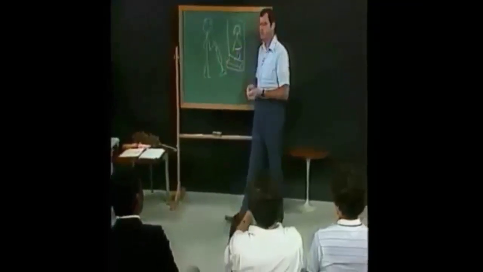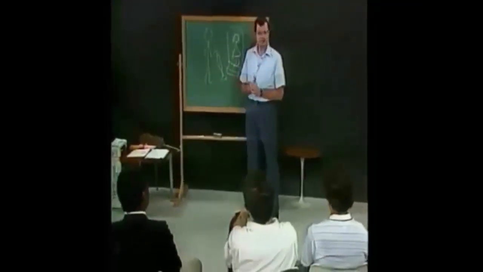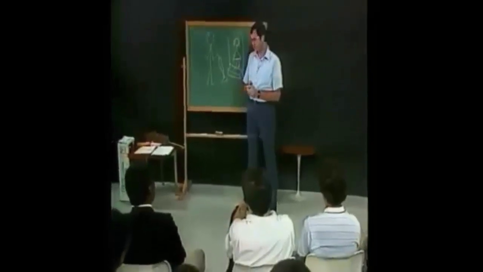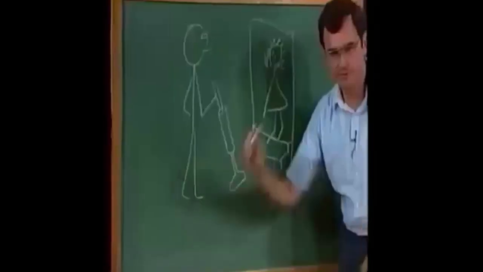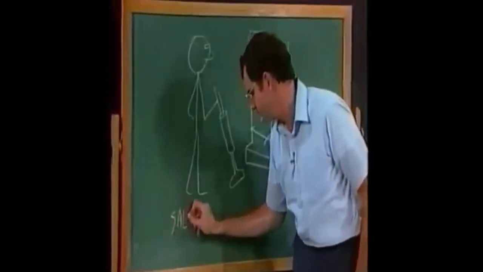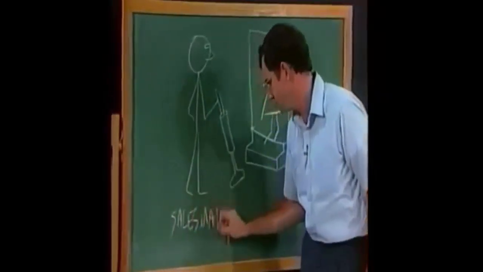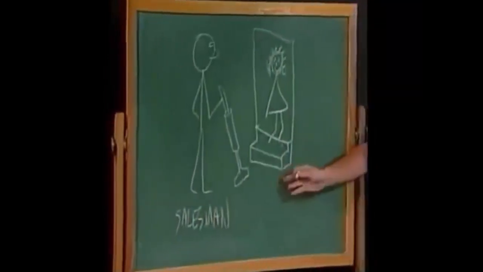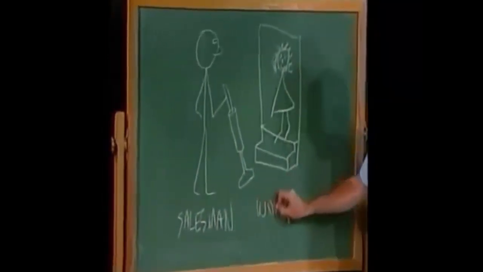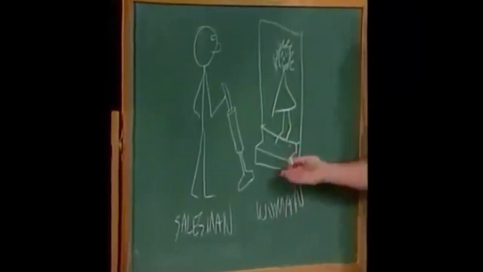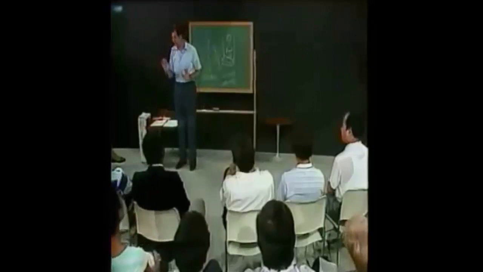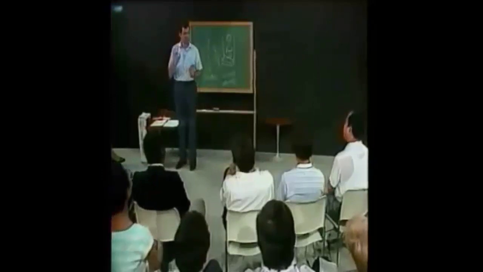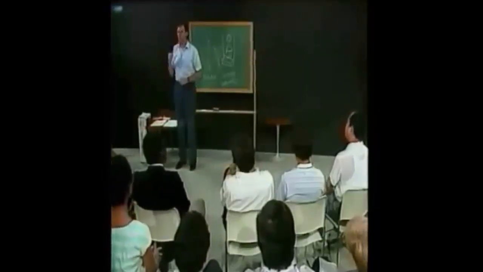Today the salesman is a vacuum cleaner salesman, and let me write that. The other person is a woman, or we could call her a housewife. So now, I want you to just listen and watch what I do. Listen carefully, watch what I do, and try to understand, okay?